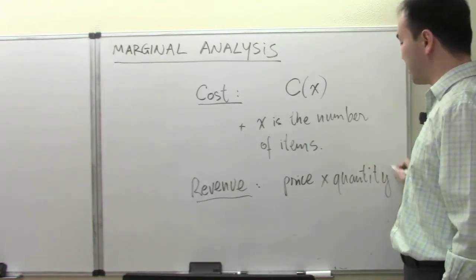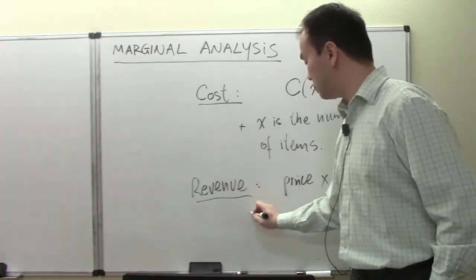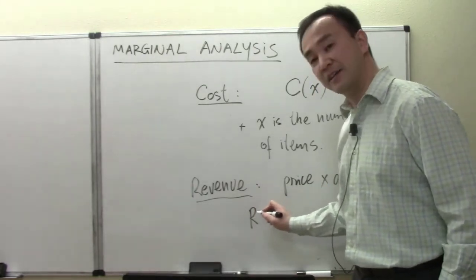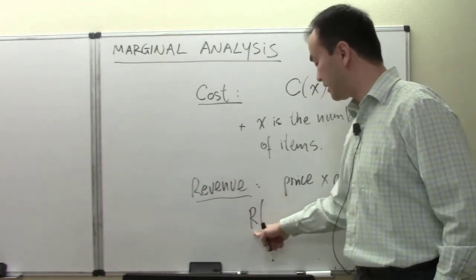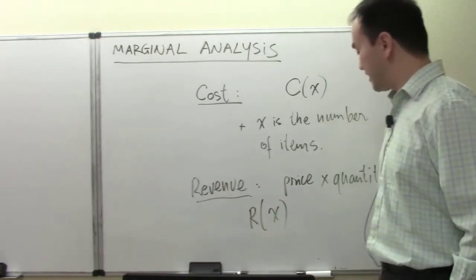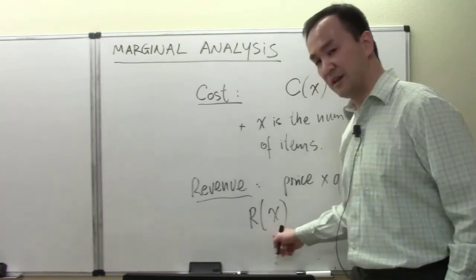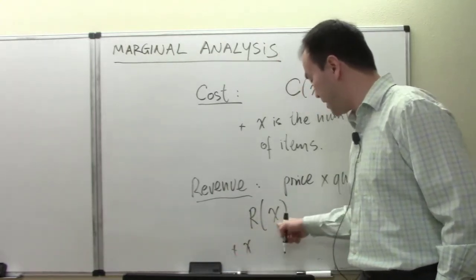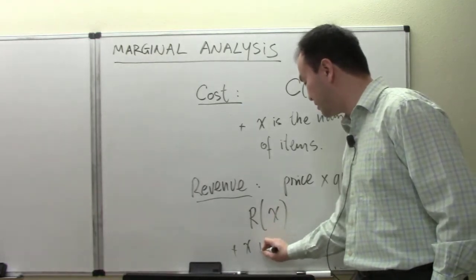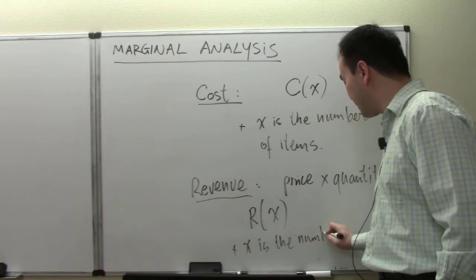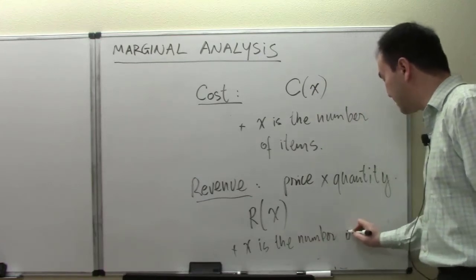Price times quantity. Many textbooks for business math traditionally use the capital letter R as a function for revenue, and the x here again is usually understood as the main variable of the function, the number of items.